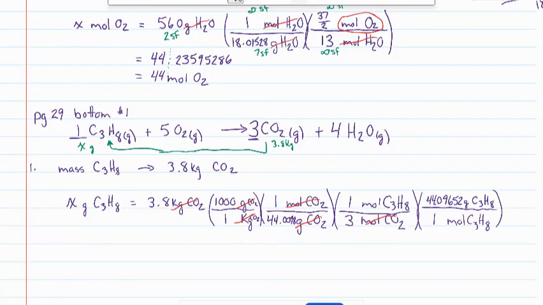Looking at our units again, we've now gotten rid of these moles of propane, and we're left with grams of propane. That makes us all happy because that is what we are looking for.